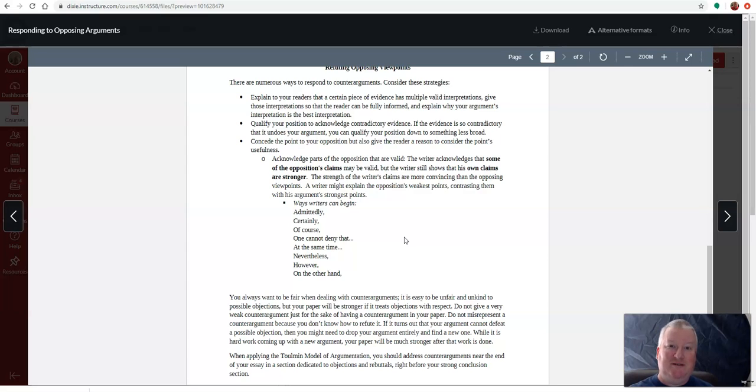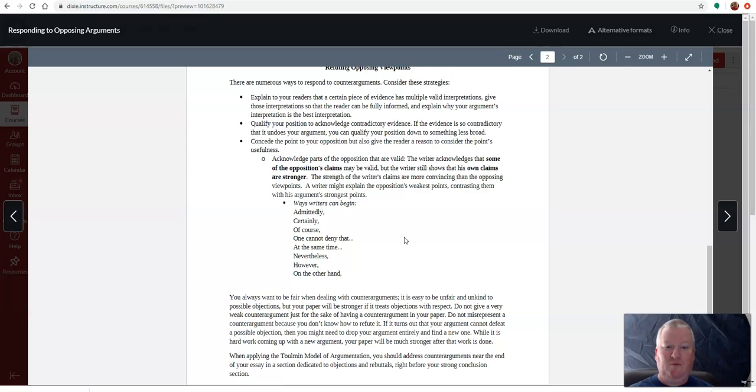And I would say, certainly this may seem like it's true, but we have that same issue with alcohol abuse. And the prohibition on alcohol is seen as a total failure.